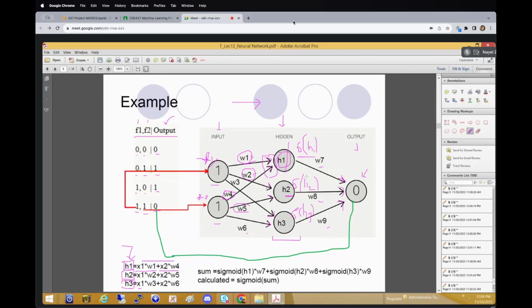So with these sigmoid of h1, h2 and h3, now we have to find the value of the output. Usually we call this the output sum.